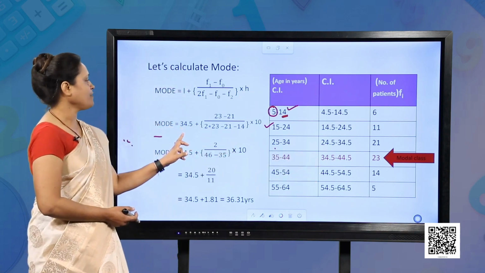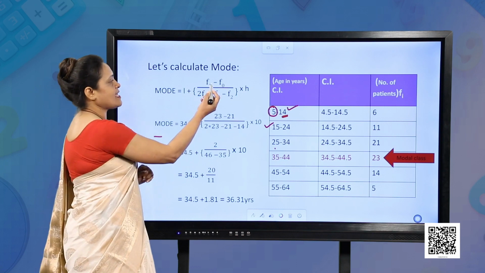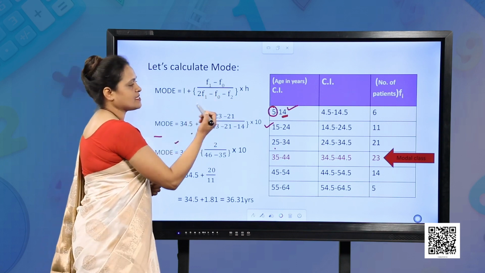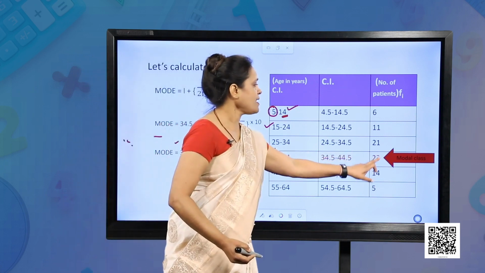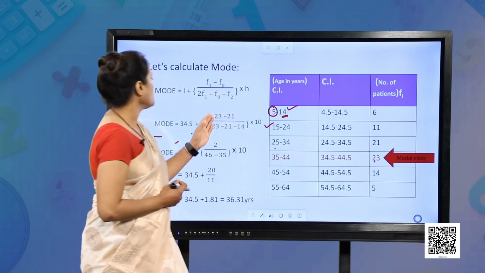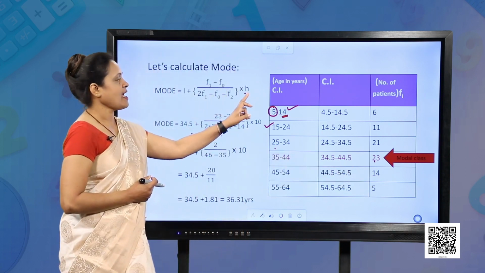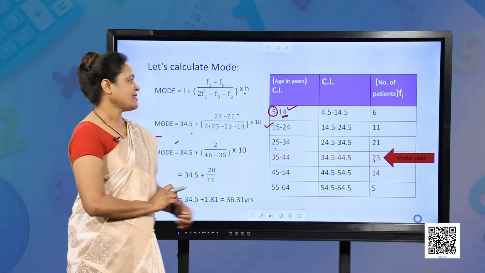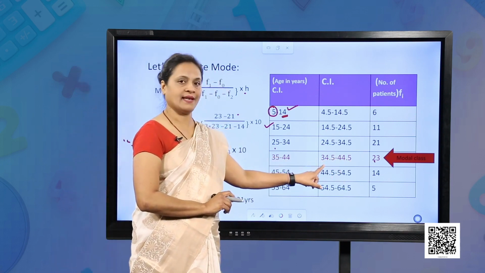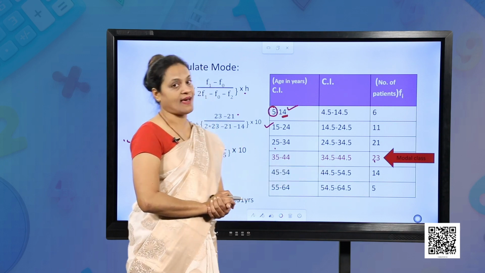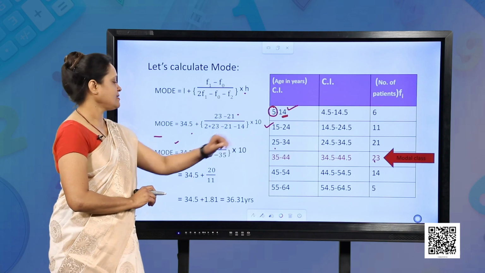So, L will be 34.5 plus, and the rest of the values are going to be the same. F1 will be 23, this one, and this is F0, this is F2. We are going to substitute these values, and you remember what was H? H was the class size, that is upper class limit minus lower class limit, which turns out to be 10 in this case again. So, H will be 10.